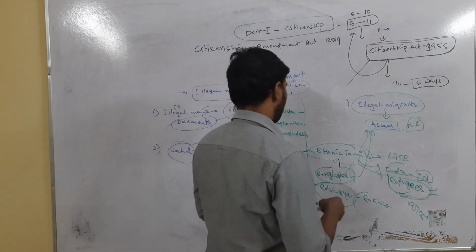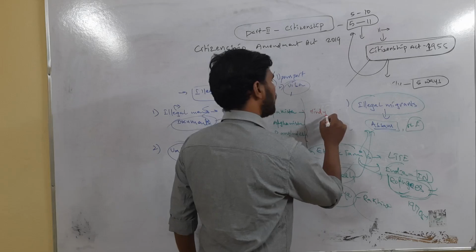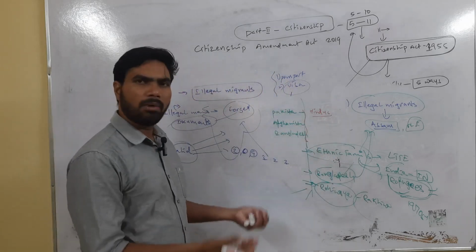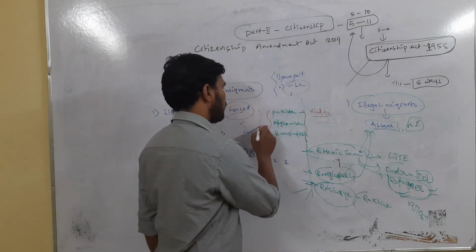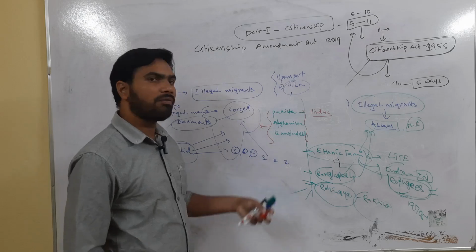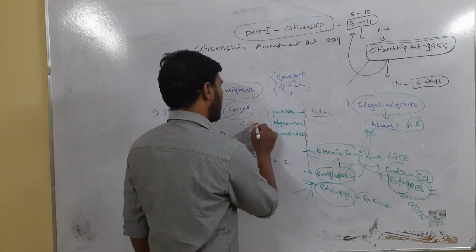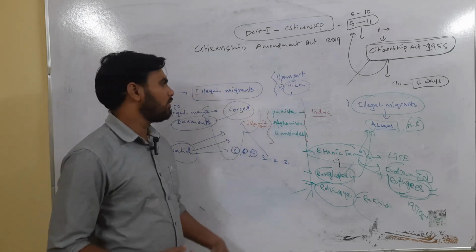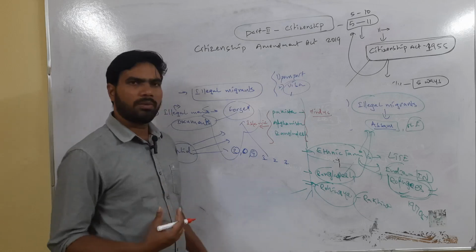Especially the Hindus in these countries are minorities. The Muslim population is in majority, and you have to remember that these three countries are officially Islamic countries. Openly through their constitution they have declared that they are Islamic countries.